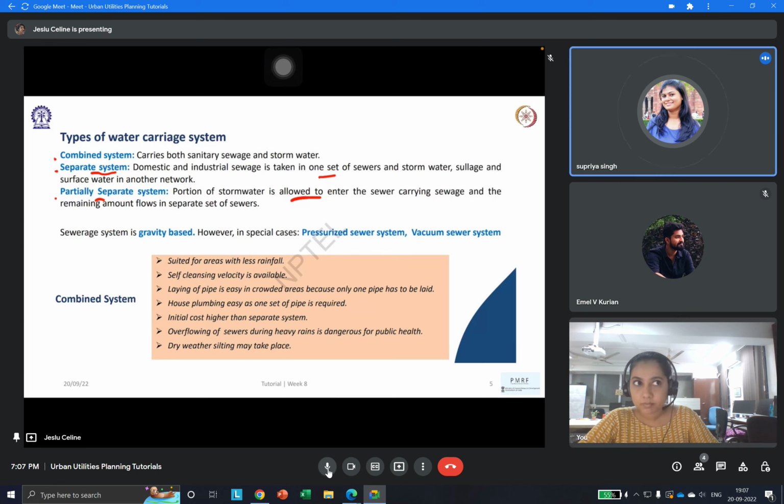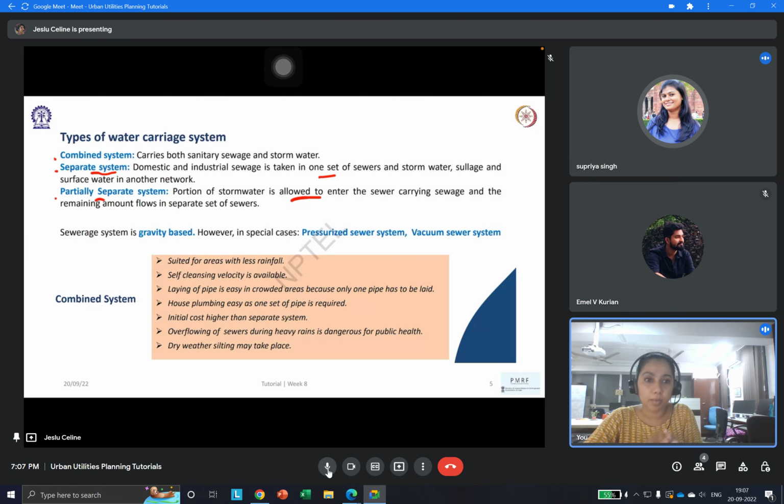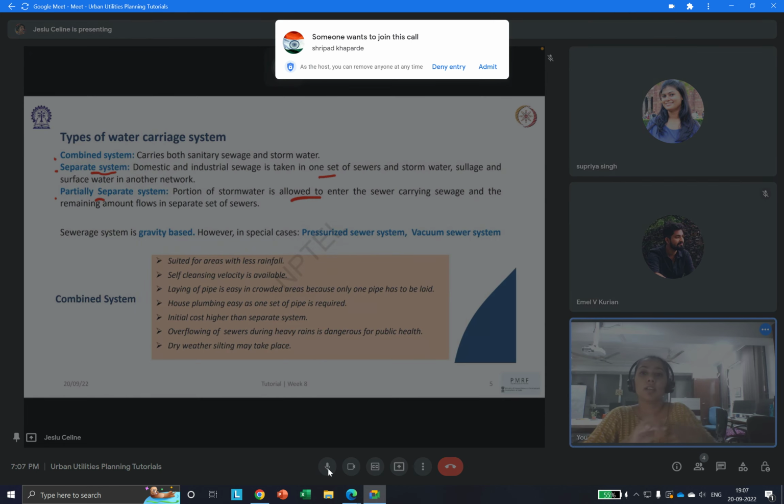And in terms of cost also, it'll be much easier, because in a combined system you'll have to consider both sewage and stormwater, and the investment you'll have to put in will be more. So eventually, if it's a heavy rainfall area, then a separate system is better.